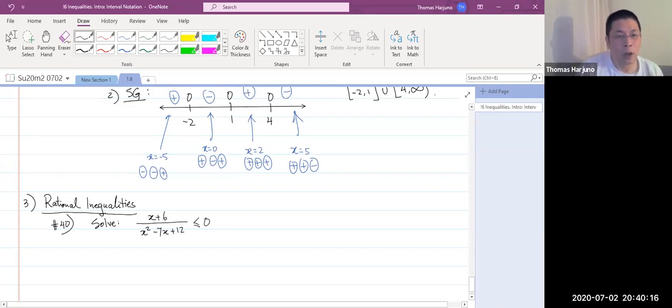My step 1, critical numbers, is I set this equal to 0, but we anticipate the situation when it may be undefined.